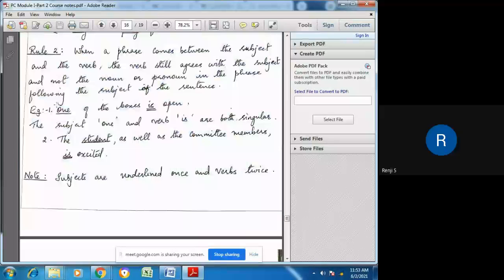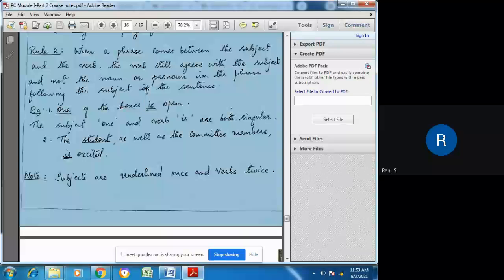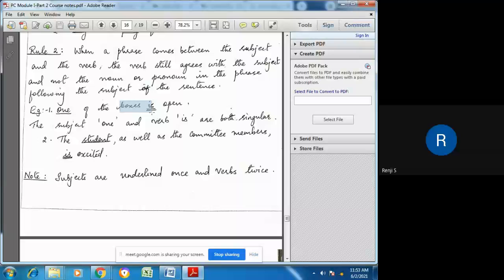Here, the subject is one, and the verb is the supporting verb is. So there is a phrase in between, that is of the boxes. Here the boxes is plural, but we cannot take the phrase in between the subject and the verb.